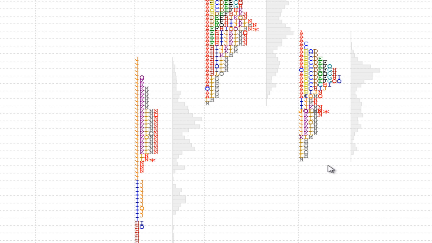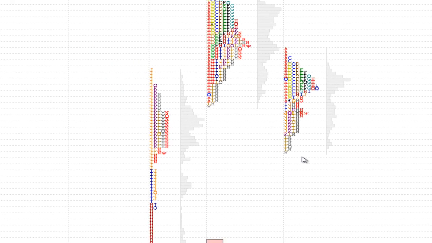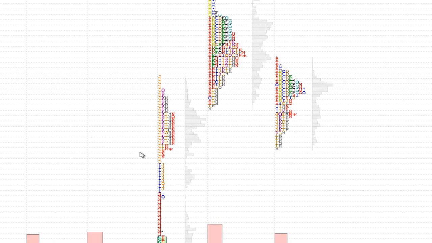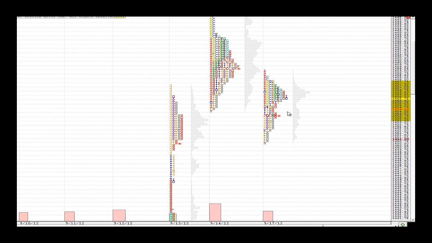Now the reason we do this is because the point of the profile chart, what it's trying to show you, is different than what a typical candlestick chart is trying to show you. The candlestick chart is trying to show you movement, price movement over time, right? Whereas what this type of chart is trying to show you is time at price. And these are two different concepts, okay?